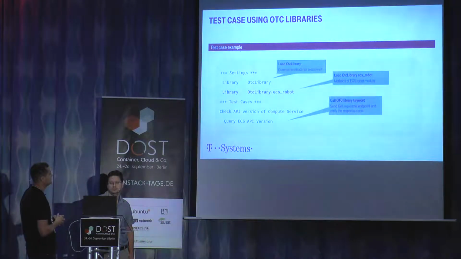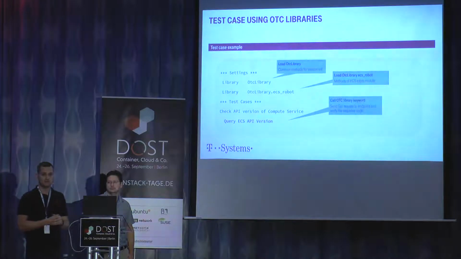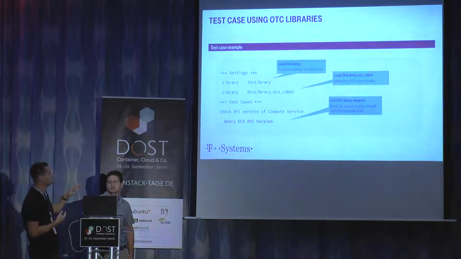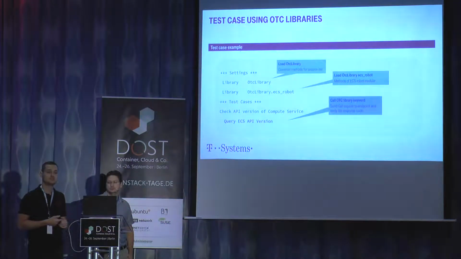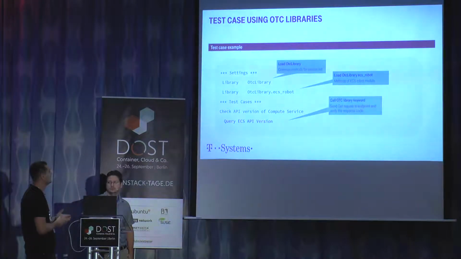And the very same test case, check API version of compute service, only one keyword, check ECS API version. We do not need to issue the GET request. We do not need to check the return code. We just issue one keyword, and all the logic is actually behind, in the test library ECS robot. So just to see the simplification.